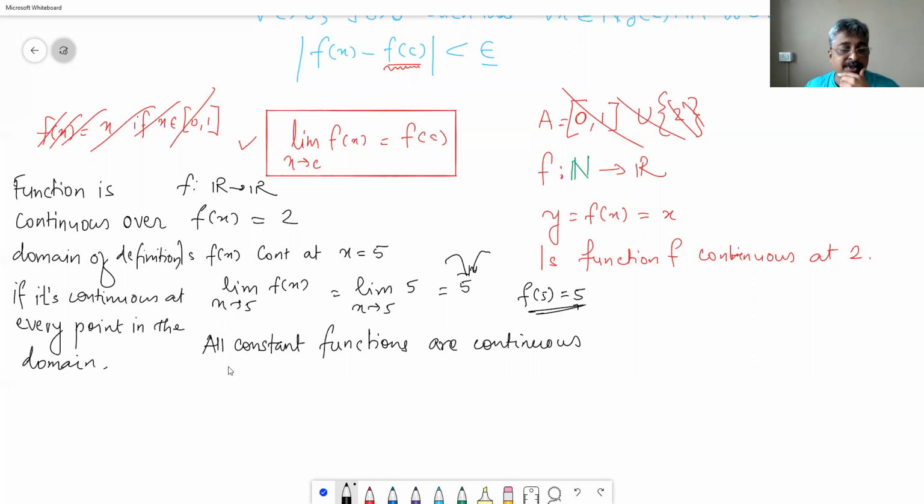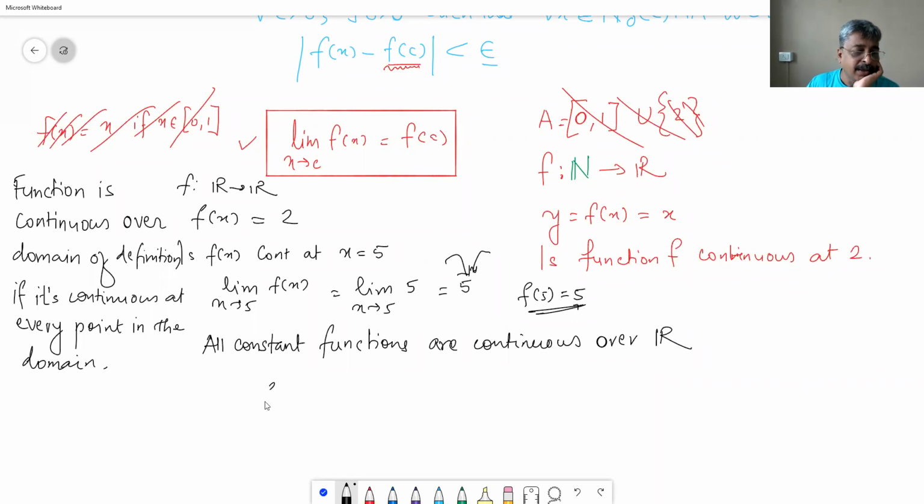So all constant functions are continuous over R. If the domain is R and f of x is equal to a constant, then it is continuous over R.